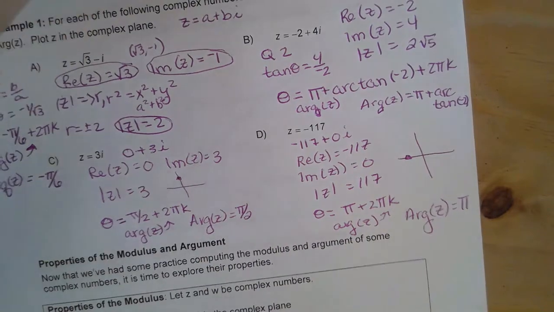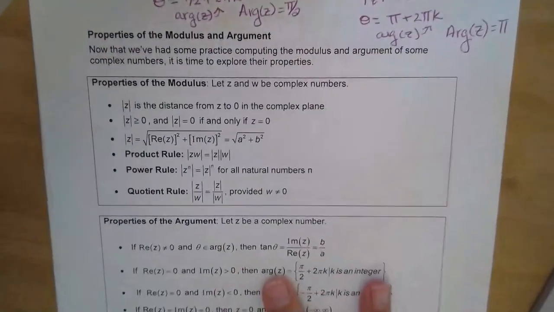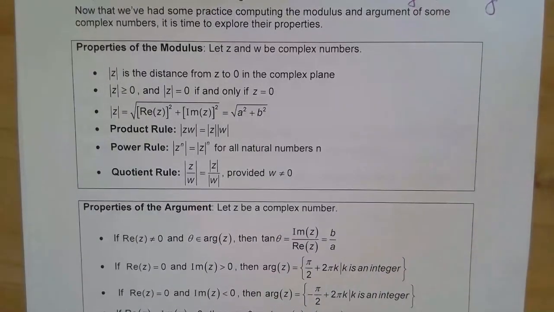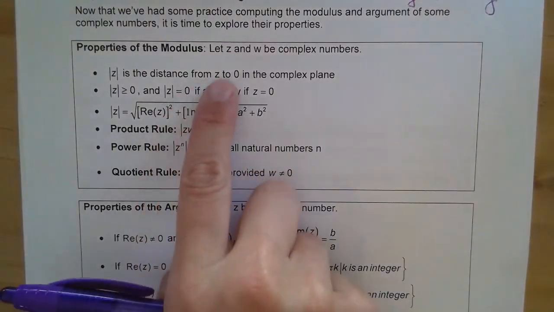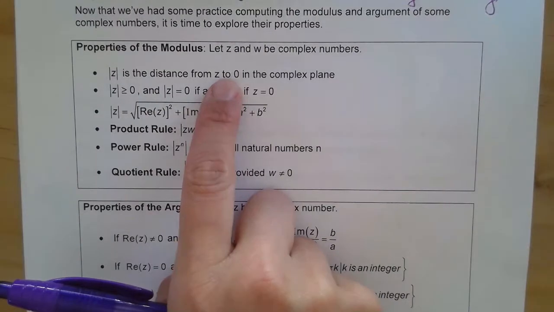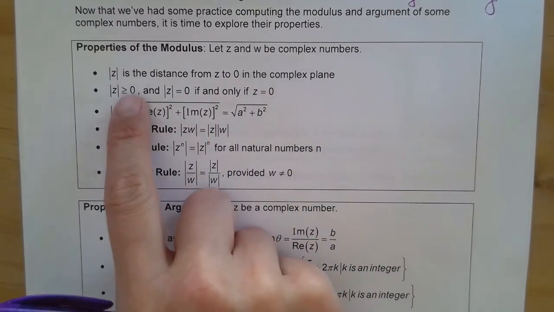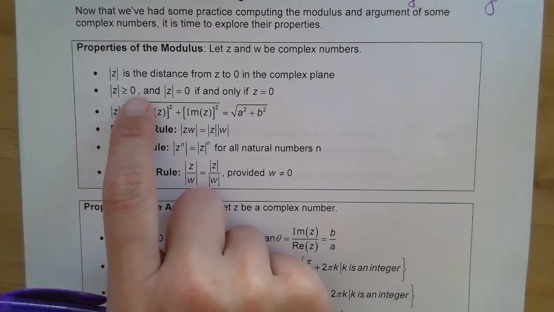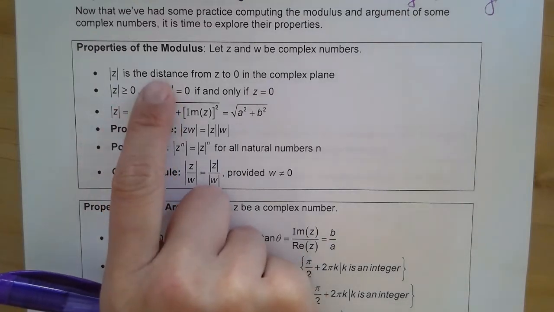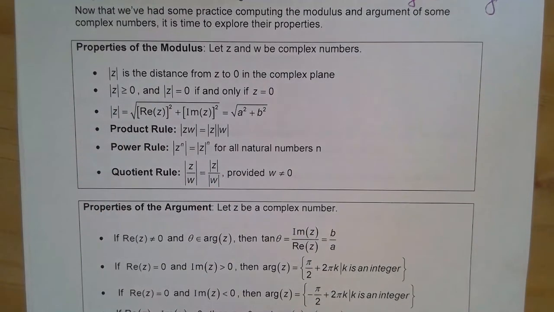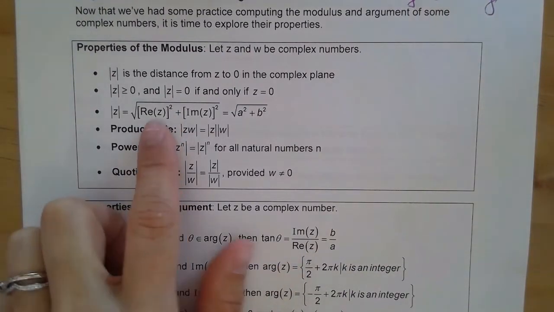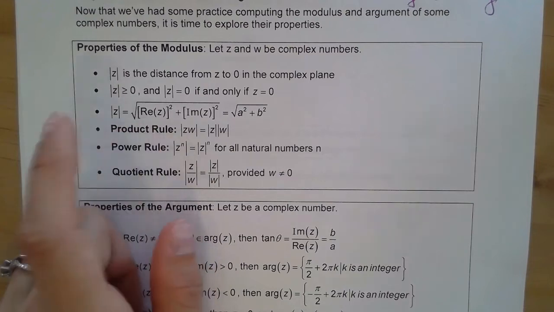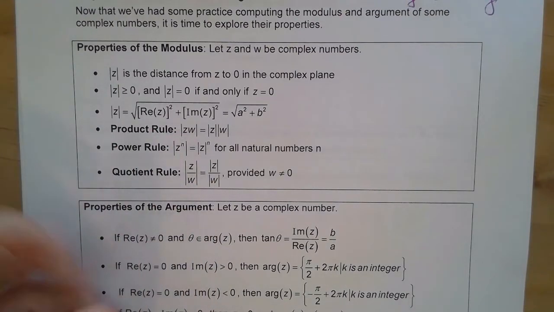Alright, let's review some of these properties. We're just going to go through some of these. We have to keep this in mind. So the modulus is the distance from C to 0, just like our R if we pictured it that way. The modulus is going to be greater than or equal to 0. That makes sense because distance is always a positive number. Now we were talking about that the modulus pretty much is the square root of a squared plus b squared.